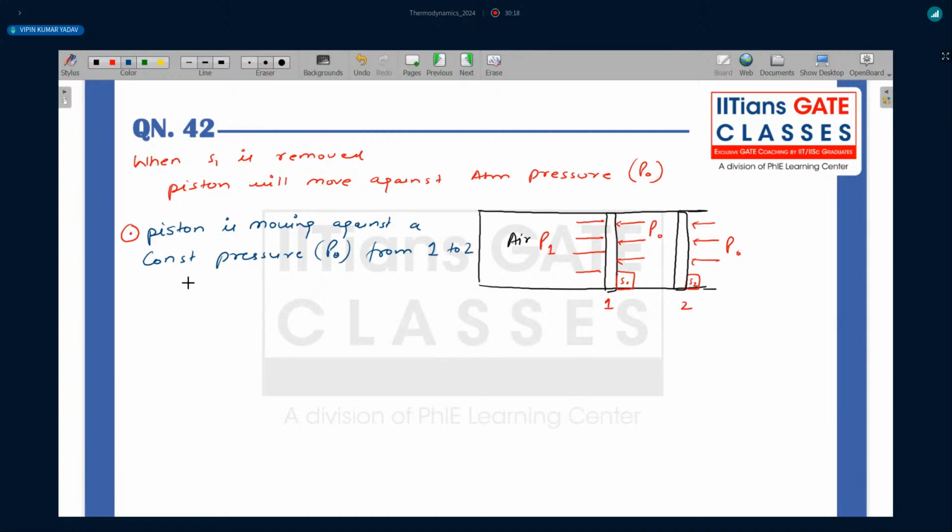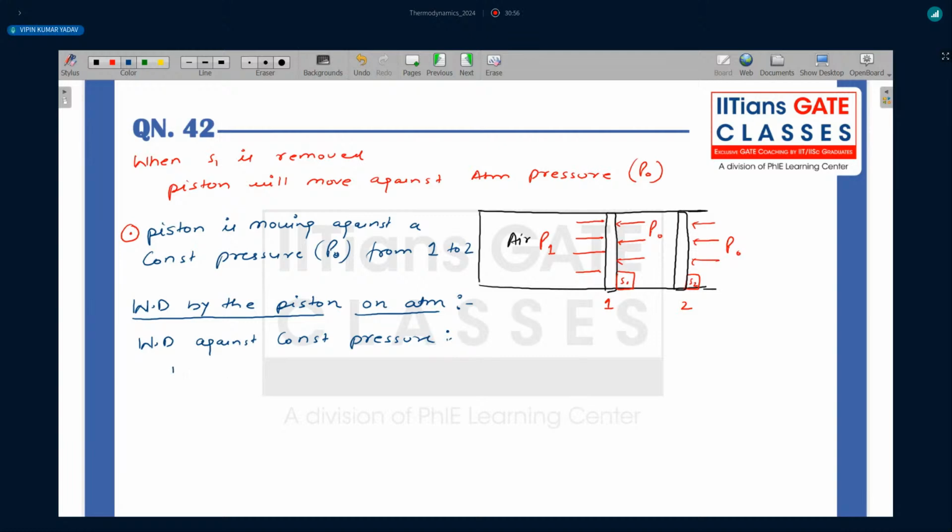If I say work done by the piston on atmosphere, it is very important that you understand this terminology. I am trying to calculate the work done by the piston against the atmosphere. So I can also rewrite it as work done against the constant pressure, because during this process 1 to 2, pressure is constant, against constant pressure P naught.